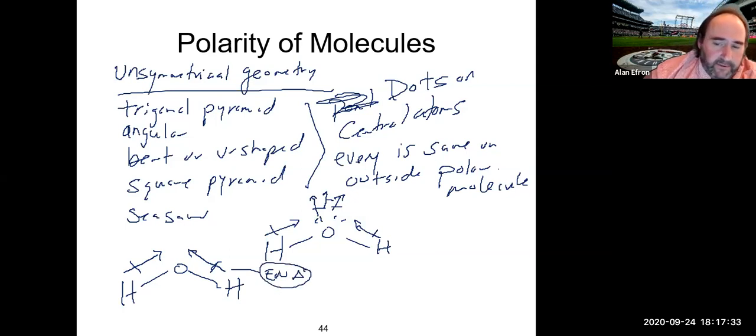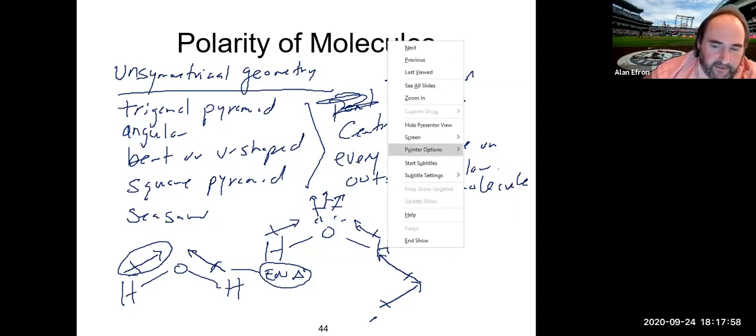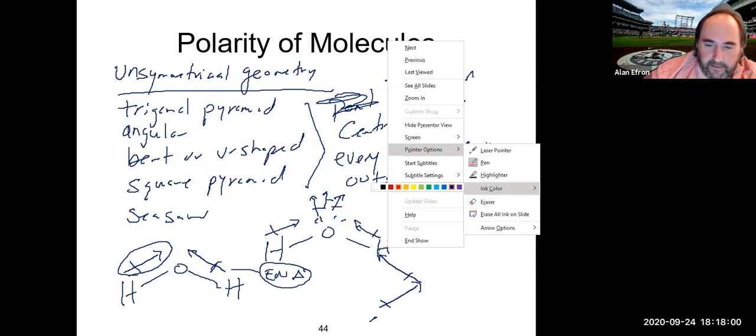And bond dipoles are really just vectors, like in physics. When you have two vectors that aren't heading at each other in equal and opposite directions, you can add them together. So this one I just drew here would be this guy here, and the other guy you would just put at the end of it. When you put both of those together, they technically add together coming up this way.